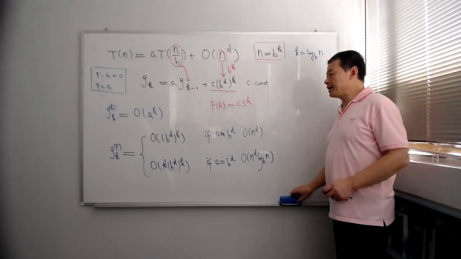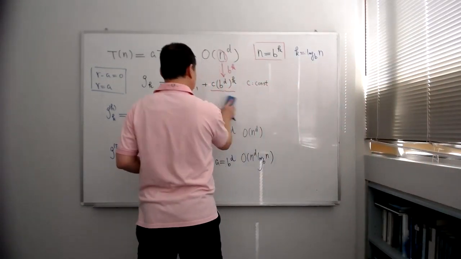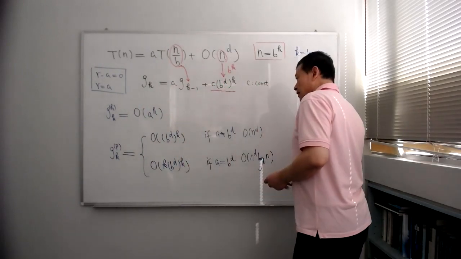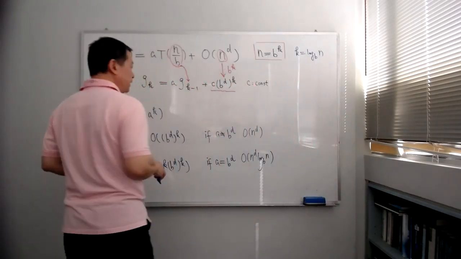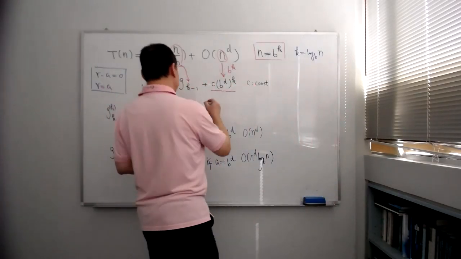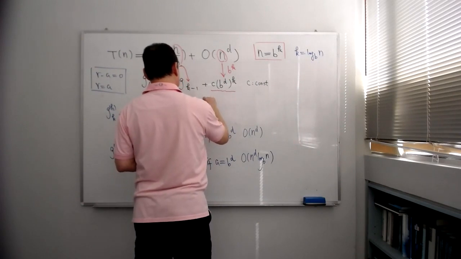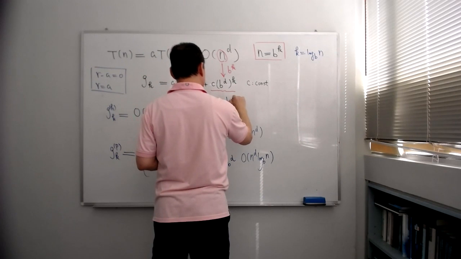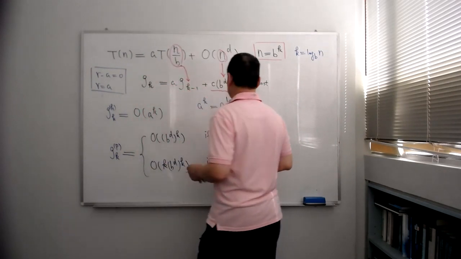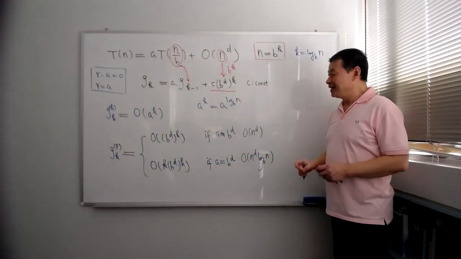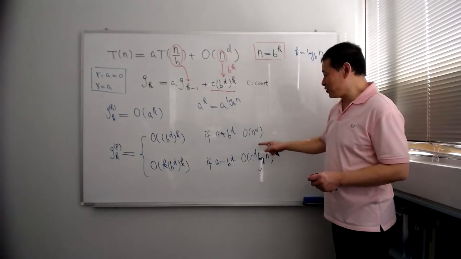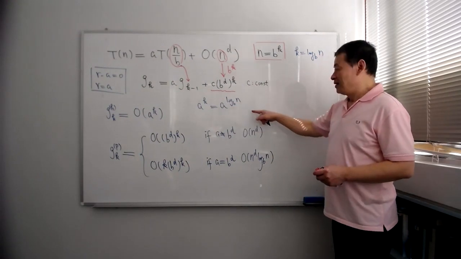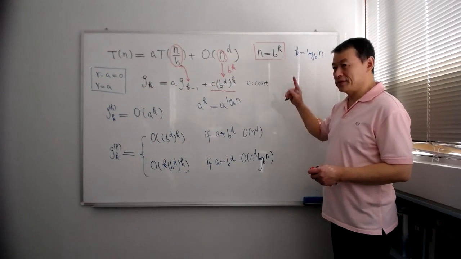Now for the homogeneous solution, a to the power k. Does it look like n to the power something?